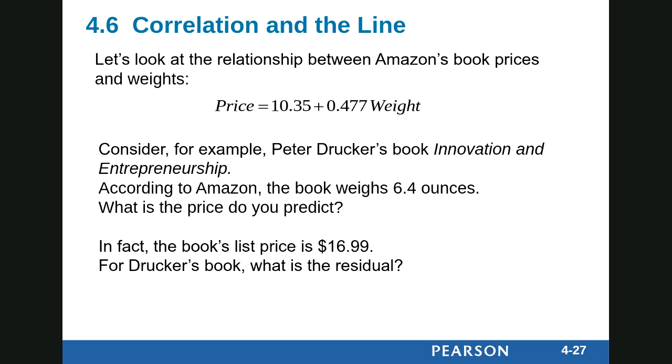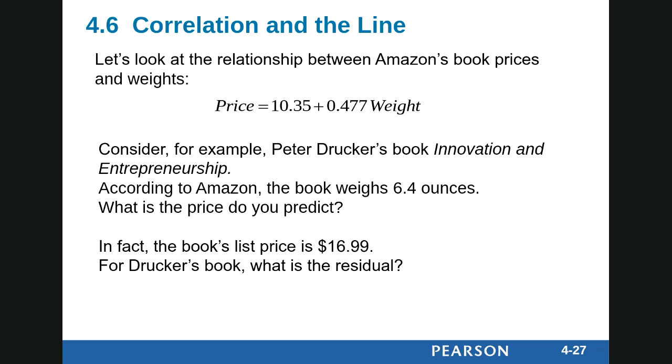consider, for example, Peter Drucker's book, Innovation and Entrepreneurship. According to Amazon, the book weighs 6.4 ounces. What is the price you predict? Now, going back to our linear model, remember price is y hat, with a hat on top.